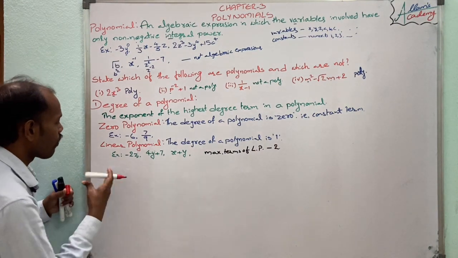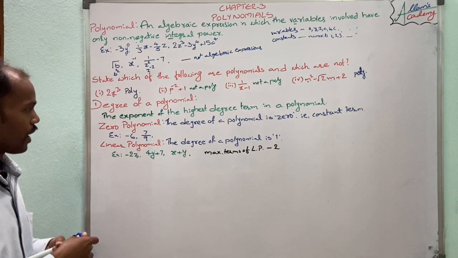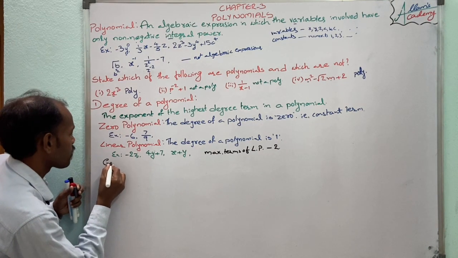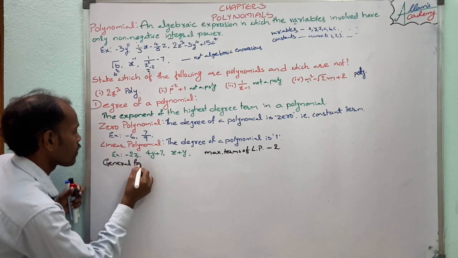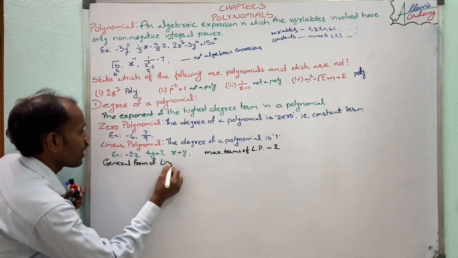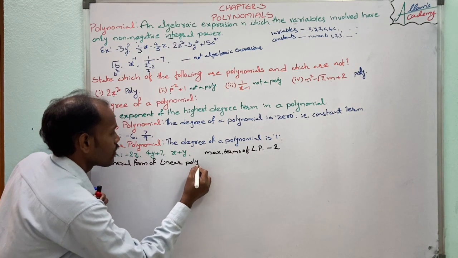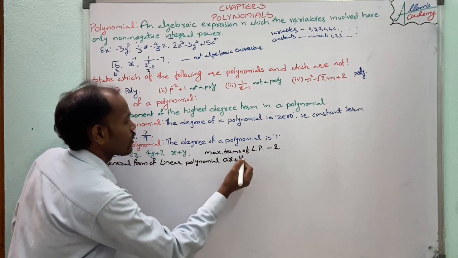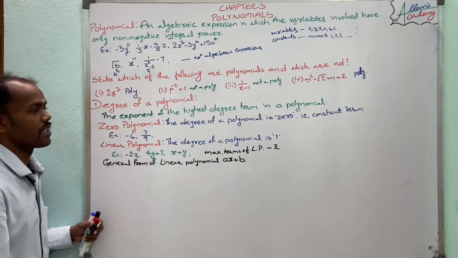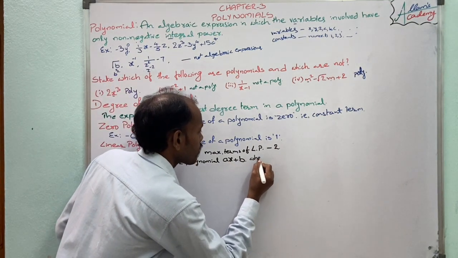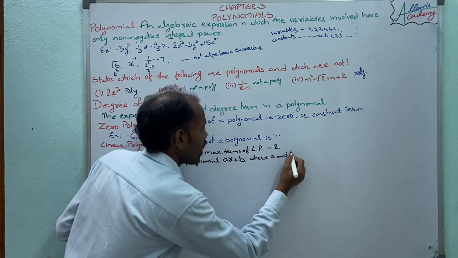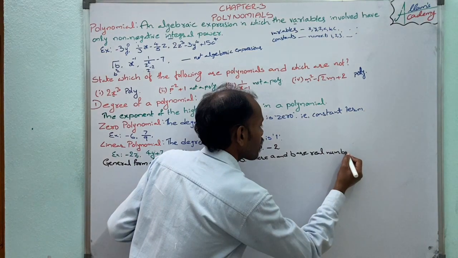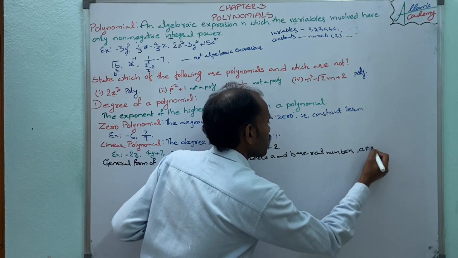Next we see quadratic. Before that, if we observe the general form of a linear polynomial, the general form of a linear polynomial is ax plus b, where a and b are real numbers and a is not equal to 0.